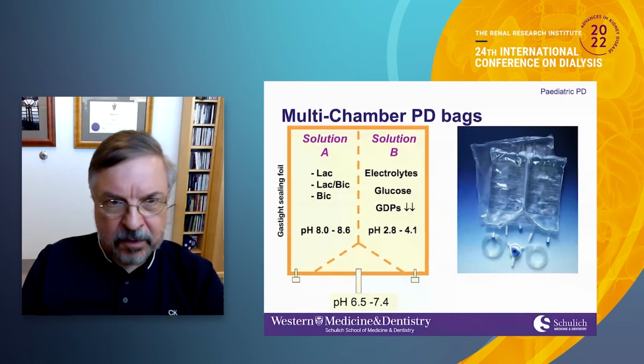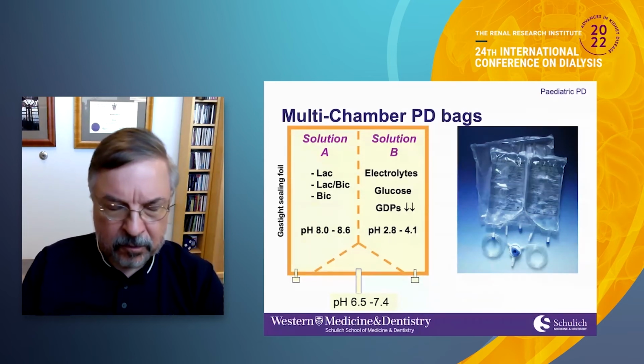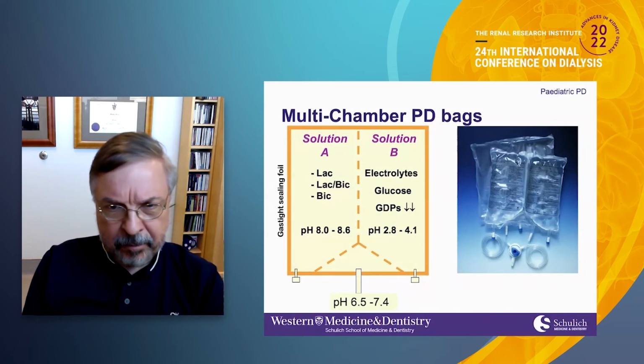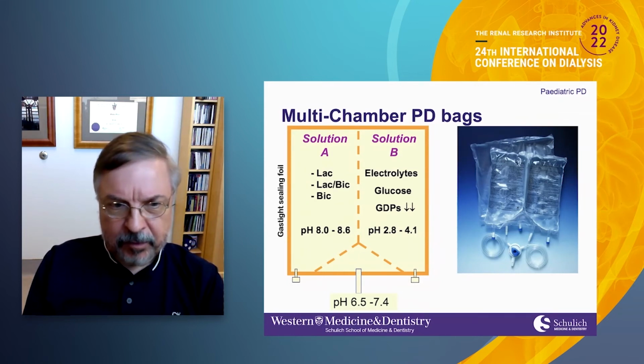So the solution is that you still do the heat sterilization of the glucose-containing bag part with a low pH, but then you have a second bag that has a bicarbonate-based solution, and then you mix them before you actually use it on the patient to achieve the pH that you desire, which should be between 6.5 and 7.4.